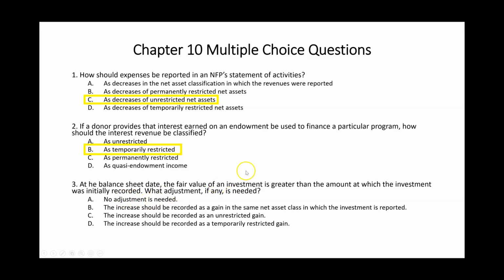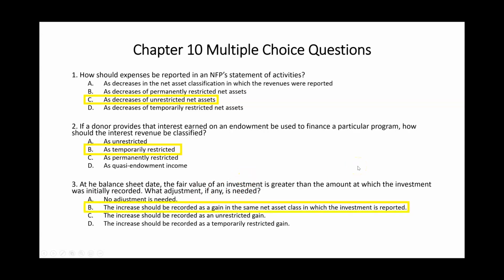So at the balance sheet date, the fair value of an investment is greater than the amount at which the investment was initially recorded. What adjustment, if any, is needed? So the thing to know about this question is, just like with governmental accounting, just like what we were doing in the previous chapters, we don't get to differentiate between realized and unrealized and recognized gains and losses, right? Everything is recognized for us, okay?